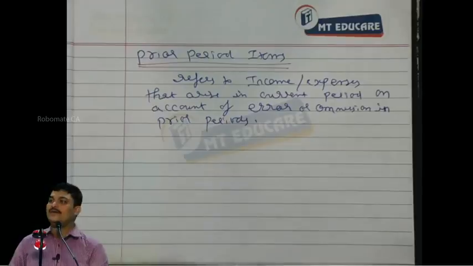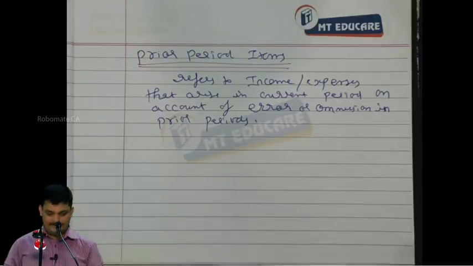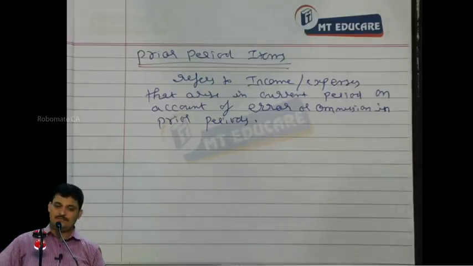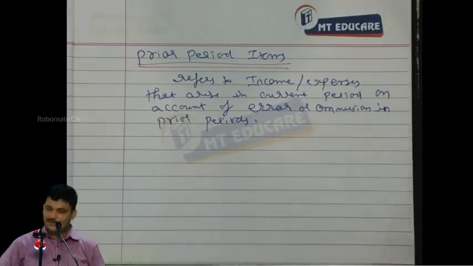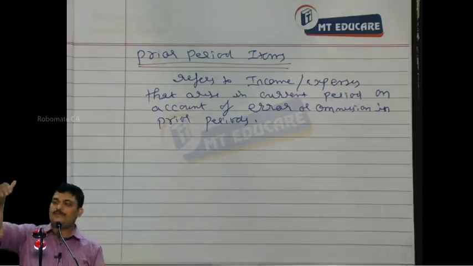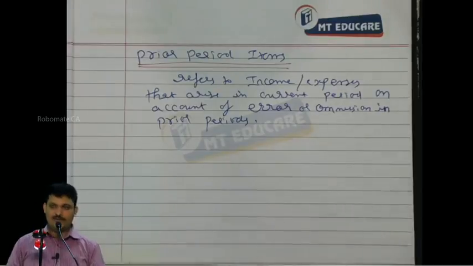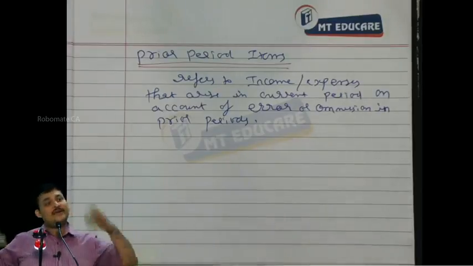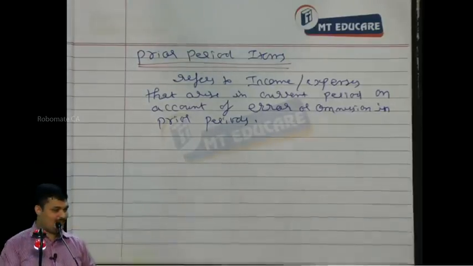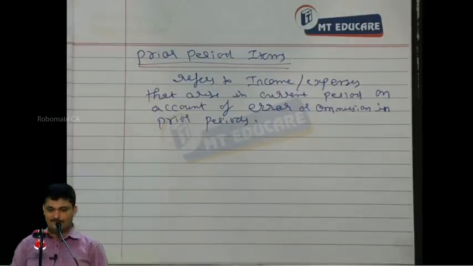Changes in accounting estimates. For example, what happens? It is not a change in accounting estimate. This example is like this. Arrears salary paid. Understood? What is arrears salary? Suddenly when the salary scheme is devised by the government based on the various pay commissions, they are revising the salary not on a prospective basis but on a retrospective basis, and thereby this arrears comes.